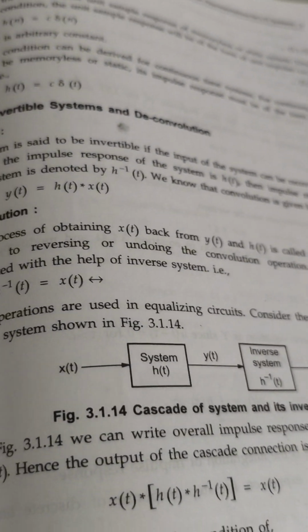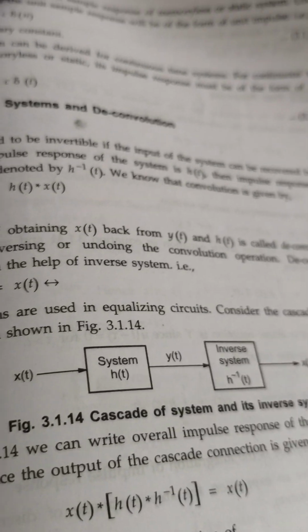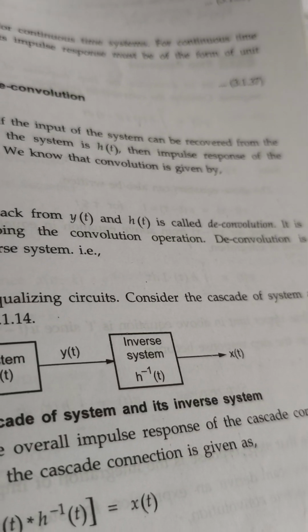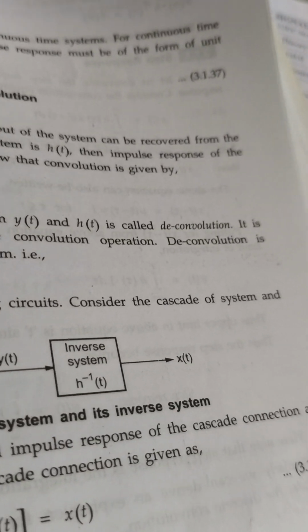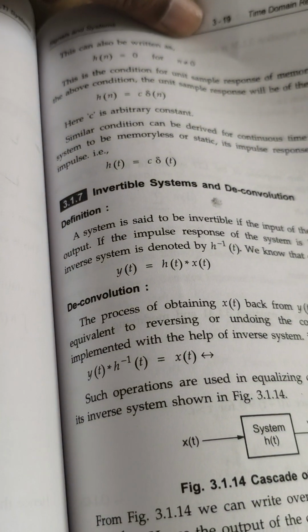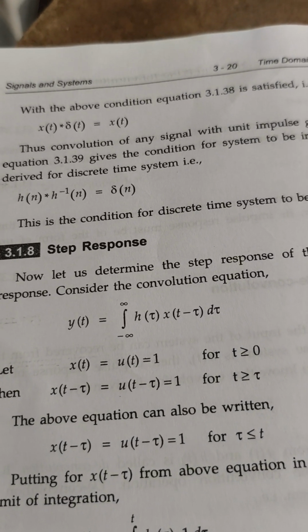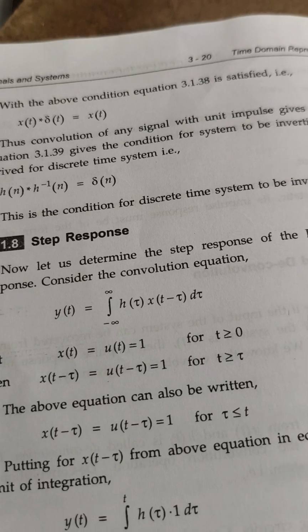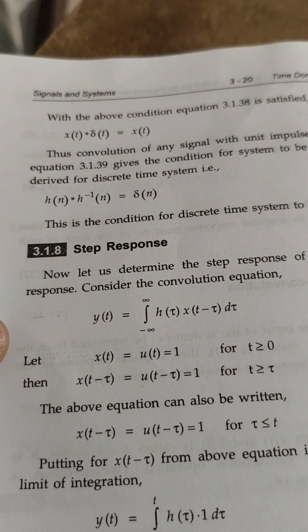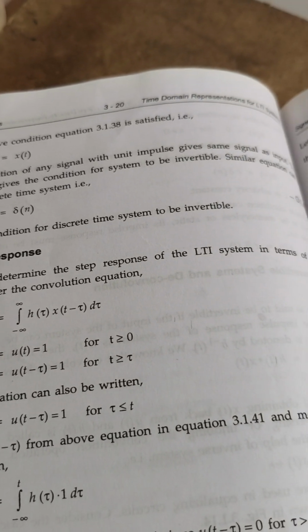If the output is different from the input, then such systems are not called invertible systems. Only if h of t, when combined with another inverse system, gives an output the same as the input, are such systems called invertible systems. Therefore, what is the condition? That is h of n convolved with h of raised to minus 1 n is equal to delta n, since the convolution of any signal with the unit impulse gives the same signal.